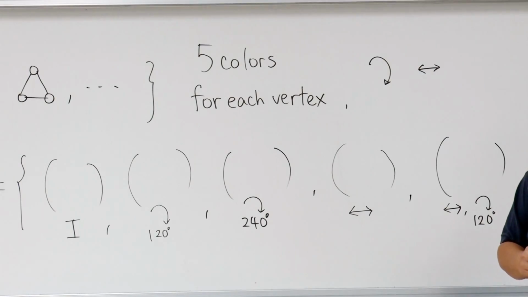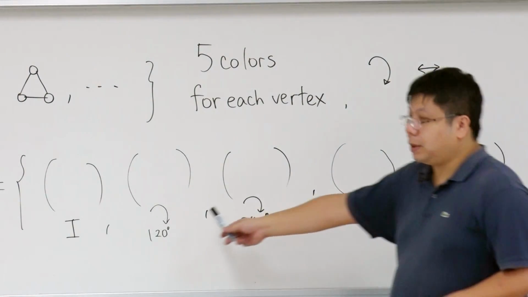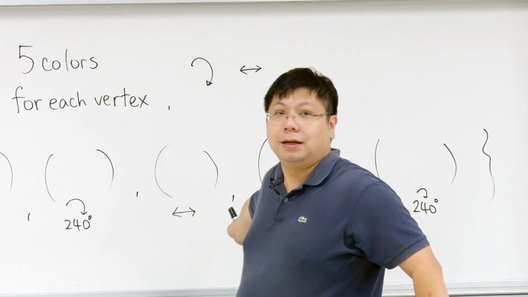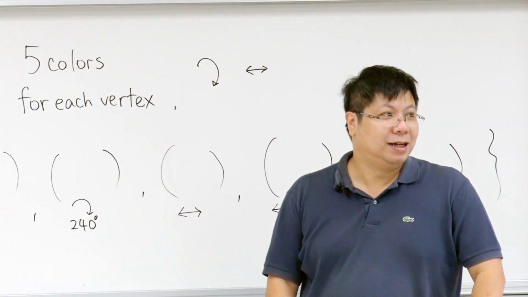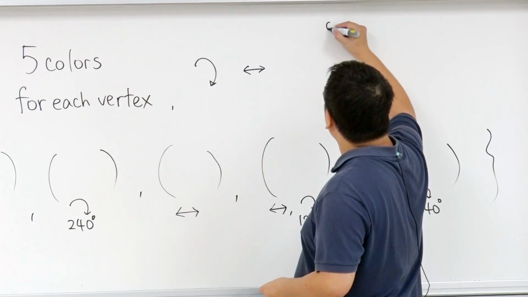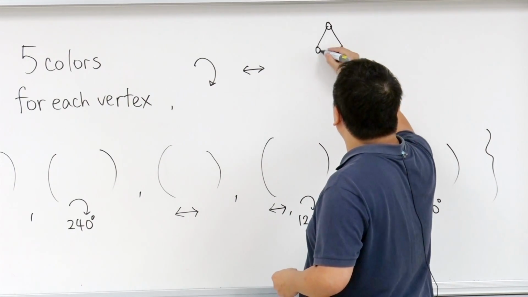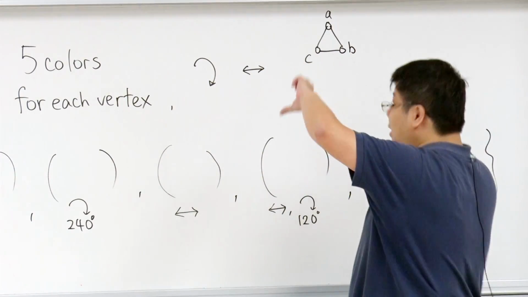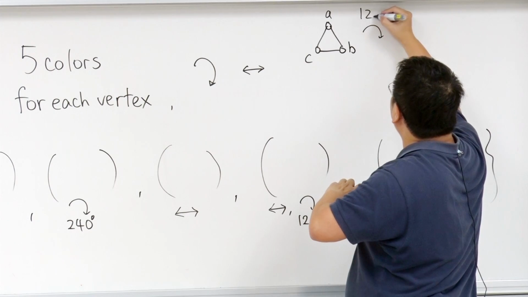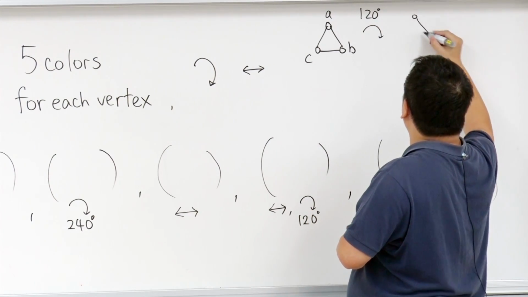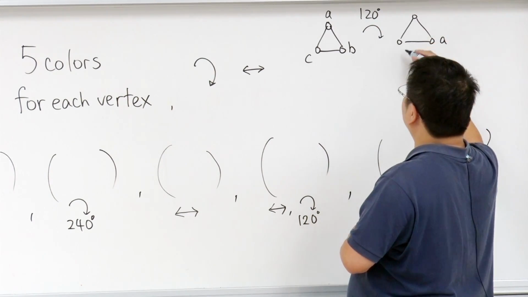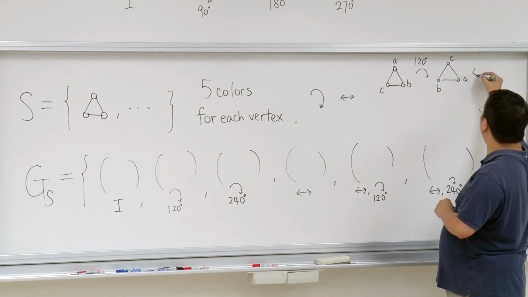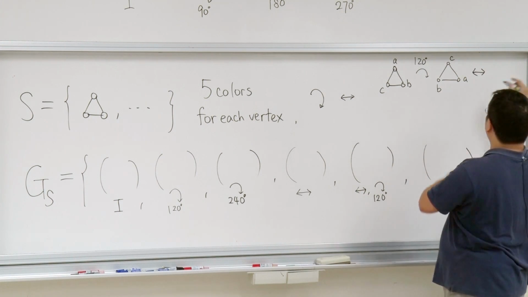Is that enough? How about rotate 120 and then flip? Is it there? So A, B, C. You rotate 120, you get A, B, C. And then you do flipping.